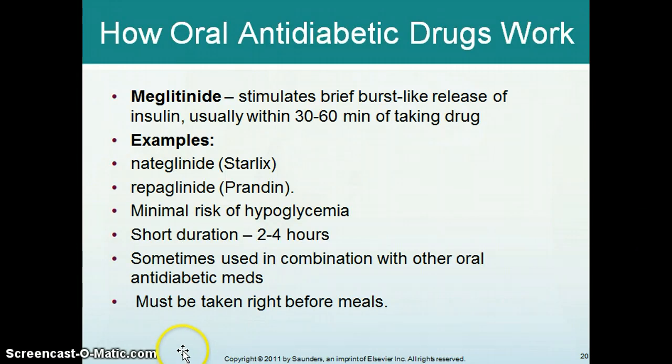There is a minimal risk of hypoglycemia with these medications. They have a short duration of 2 to 4 hours. These are sometimes used in combination with other oral anti-diabetic medications. They must be taken right before meals.